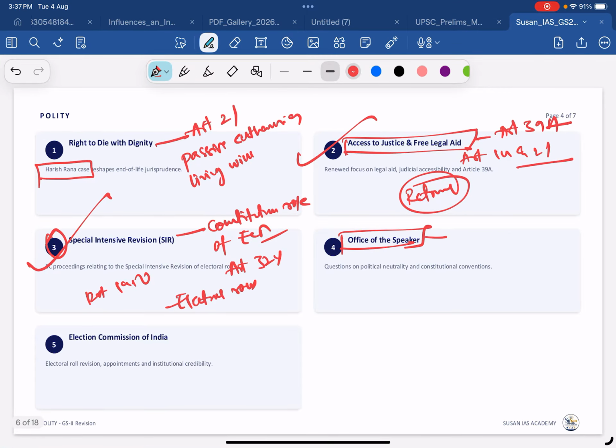Office of the Speaker has been asked many times in UPSC Mains exams, although one has to prepare this topic in 360 degrees. So what are the dimensions you could cover?